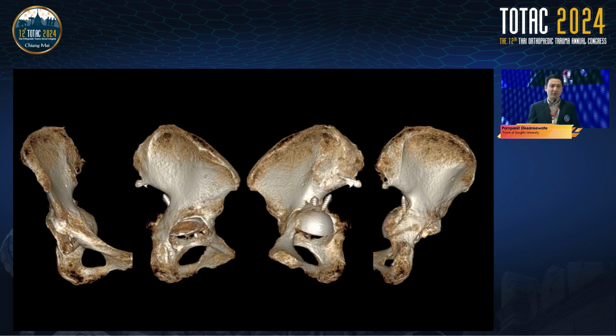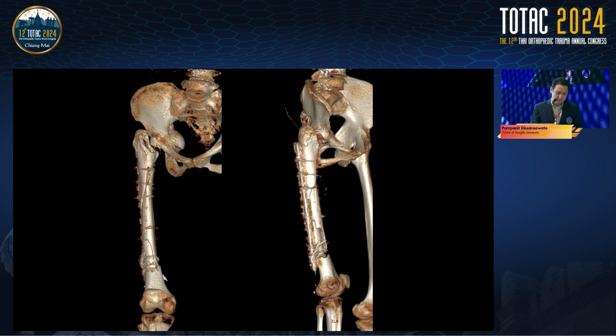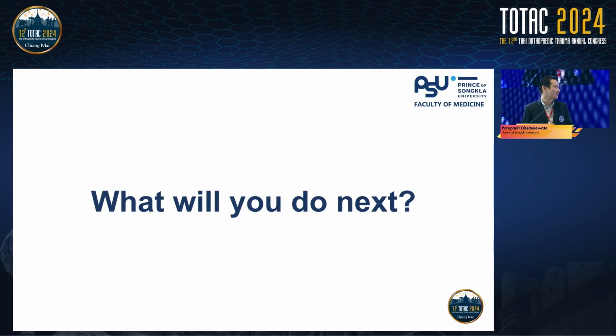Also, the acetabular cup is protruding, like this. When I sent the patient for a CT scan, this is all the information I have. So, what would you do for this patient?